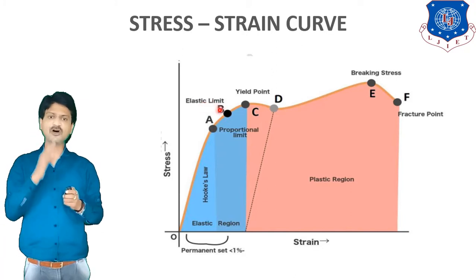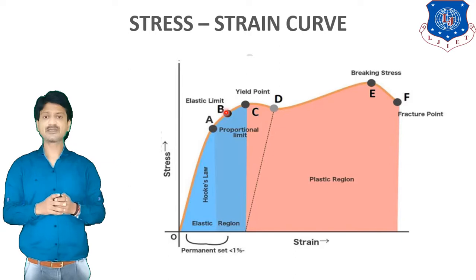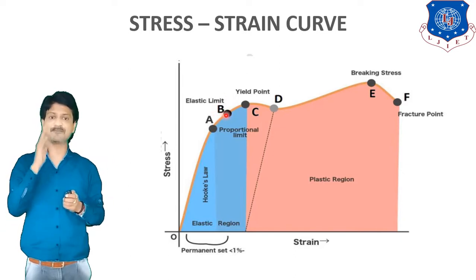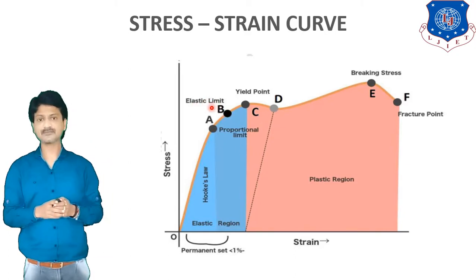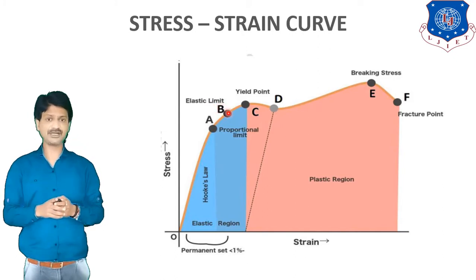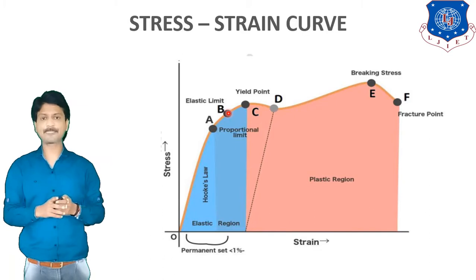The value of stress corresponding to this point B, up to which the material behaves in an elastic manner, is called the elastic limit. Again, I repeat that important point: if the load is increased beyond A up to B, the material behaves in an elastic manner, meaning on the removal of load, the whole deformation will vanish.